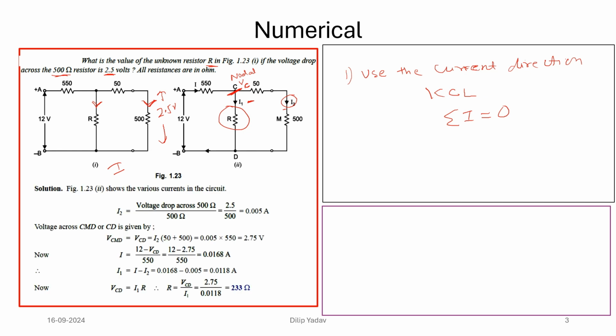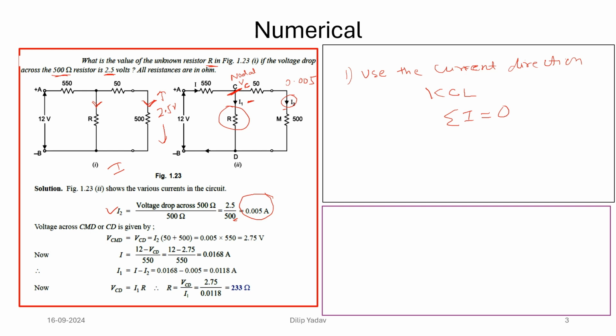So we have calculated the current I2, with the voltage given as 2.5 and the resistance 500 ohm. That means I2 is 0.005, so the current going across the other branch is I1 minus 0.005.